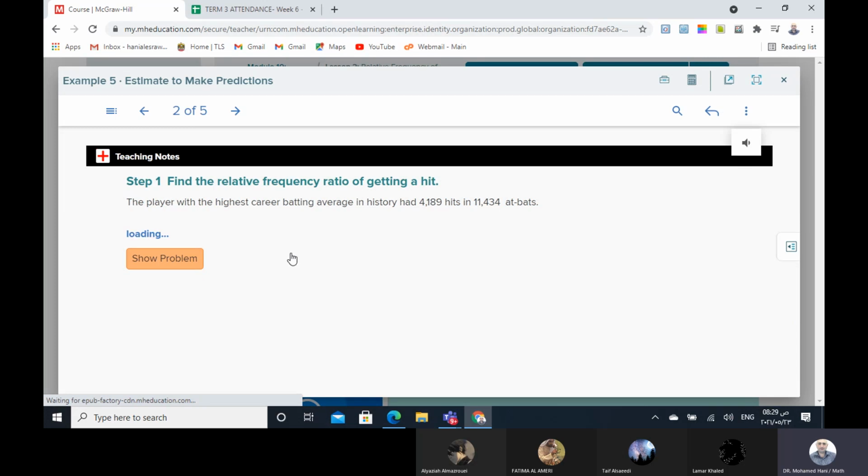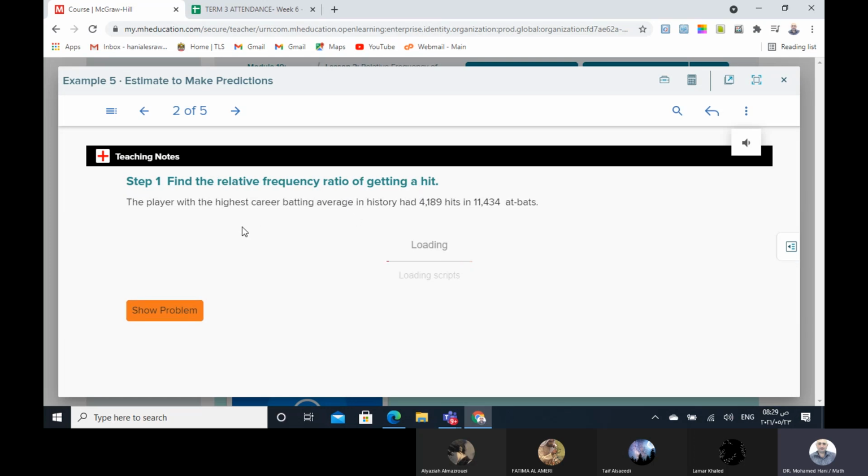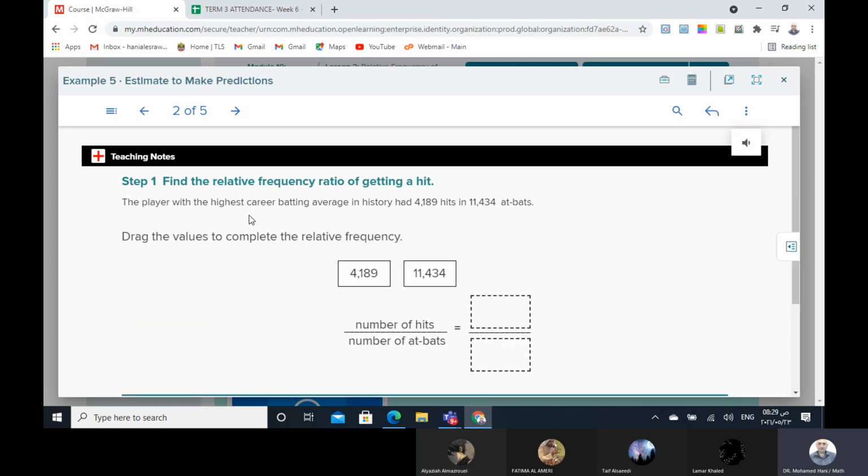So the first step is to find the relative frequency ratio of getting a hit. The player with the highest career batting average in history had 4,189 hits in 11,434 at-bats.